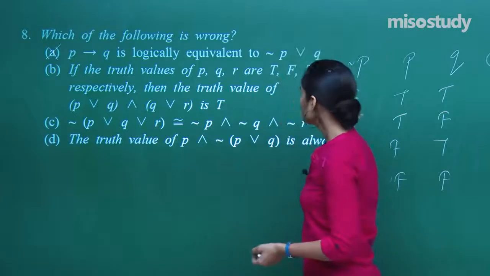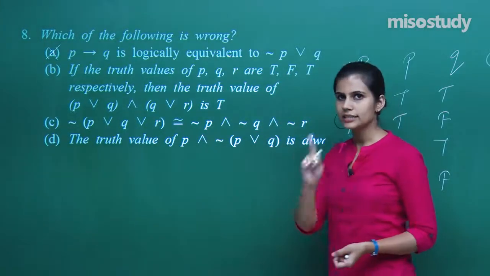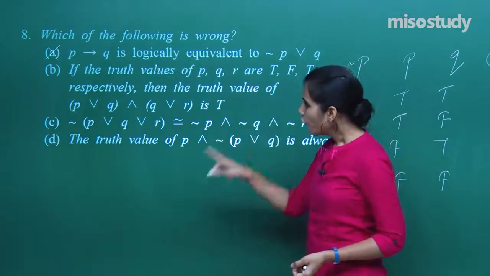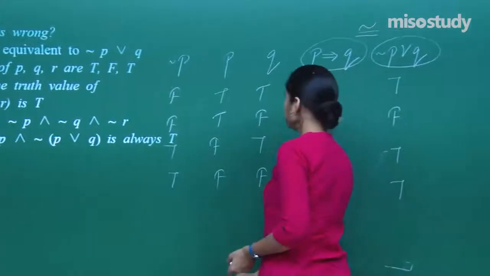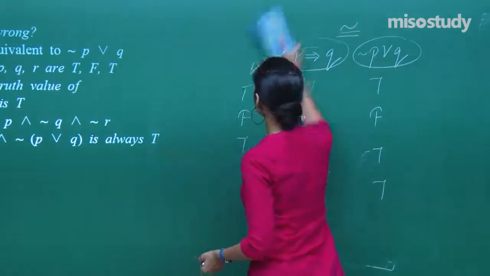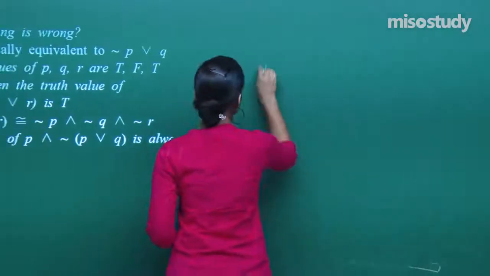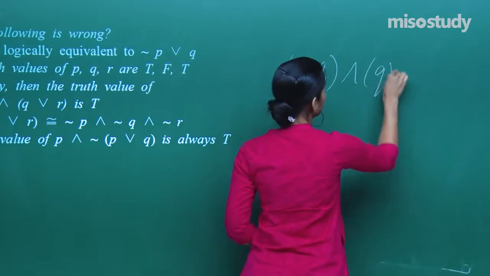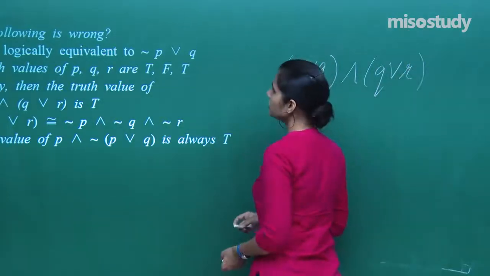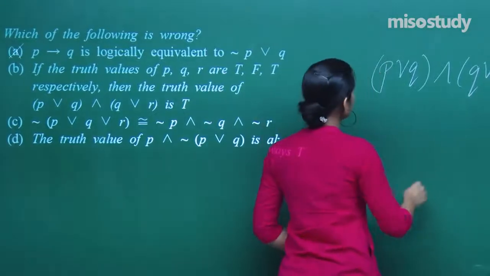If the truth values of P, Q, R are T, F, T respectively, then what is the truth value of this? Understand carefully: P or Q and Q or R. It is given that P is true, Q is false and R is true.